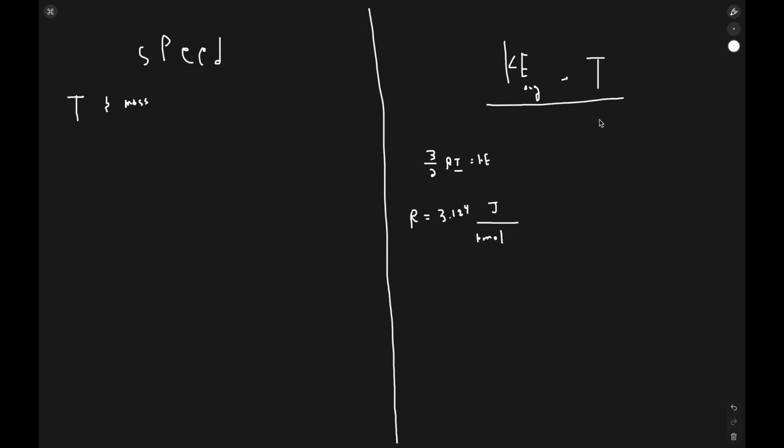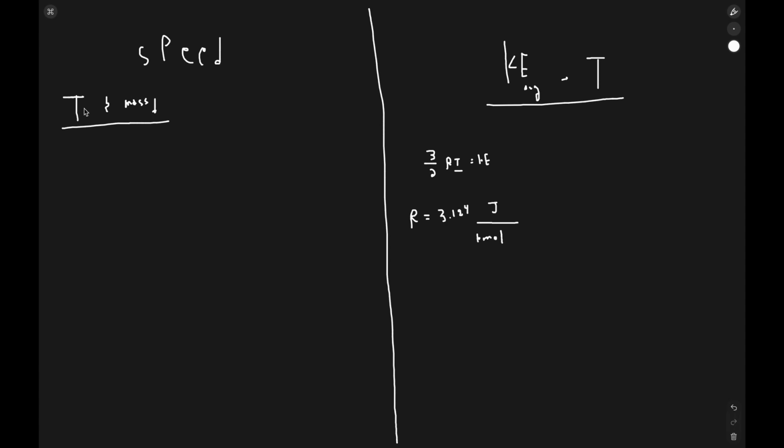It's pretty simple. And speed. Now, speed, we said it depends on temperature and mass. So what that means is that if you have multiple gases all at the same temperature, whichever one has the lowest mass is the quickest, has the most speed.